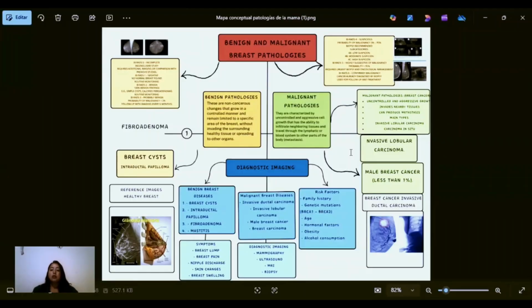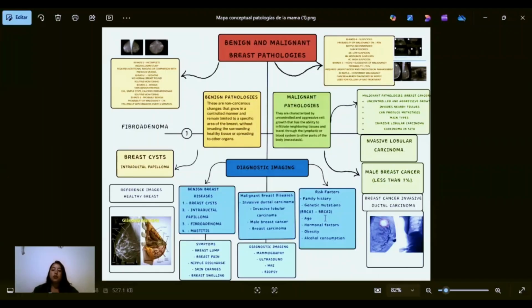Neoadjuvant therapy and monitoring disease progression. Characteristics and the relation with histological diagnosis of malignancy: ductal carcinoma, lobular carcinoma and carcinoma in situ.